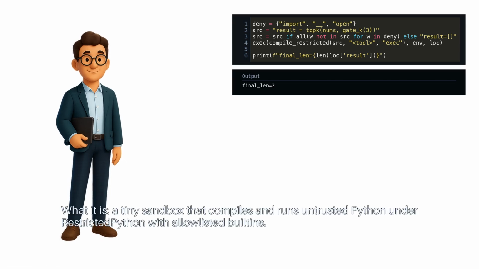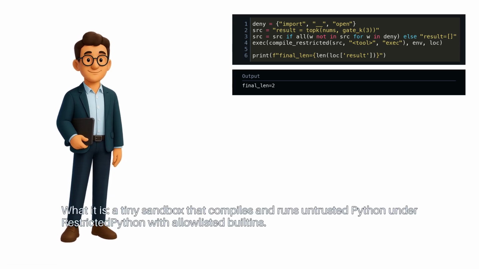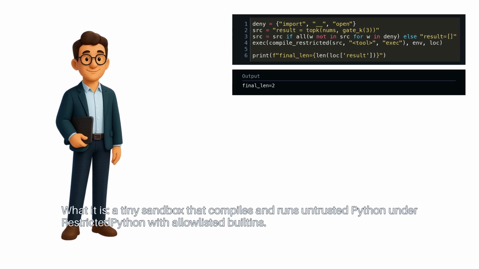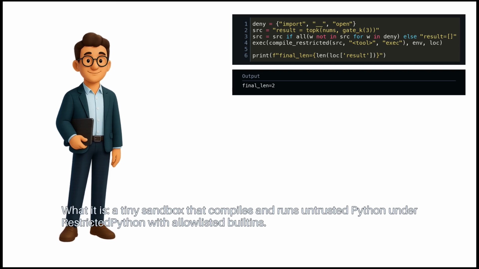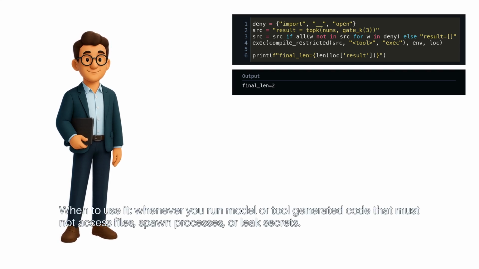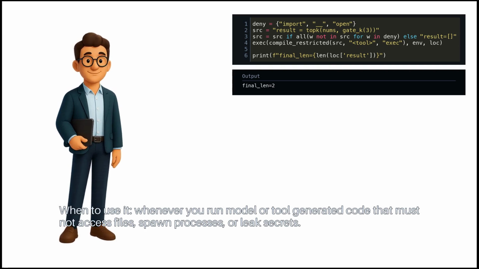Recap. What it is: a tiny sandbox that compiles and runs untrusted Python under RestrictedPython with allowlisted built-ins. When to use it? Whenever you run model or tool-generated code that must not access files, spawn processes, or leak secrets.